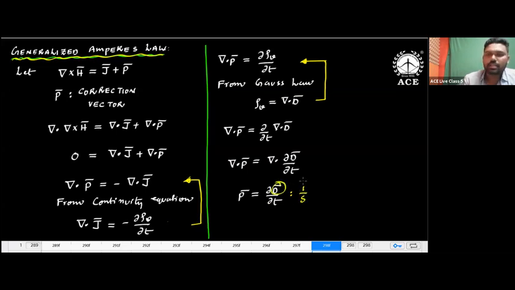What is this D beta? D is nothing but coulomb per meter square. Coulomb per second is nothing but ampere. So here it is ampere per meter square, it is a current density.